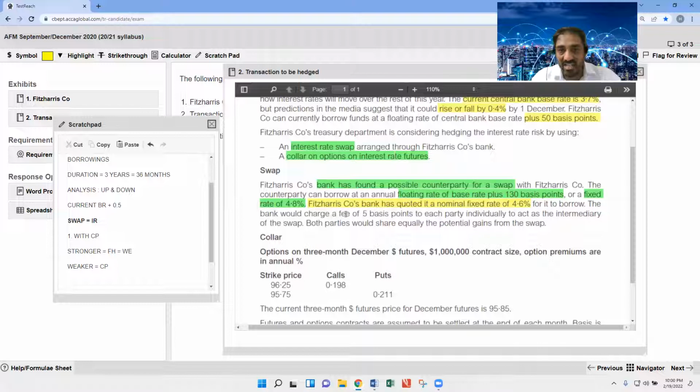The bank would charge 5 basis points to each party individually to act as intermediary of the swap. Both parties would share equally the potential gain from the swap. It's mentioned. If nothing is mentioned in the question about how much each party will contribute, assume 50-50%.